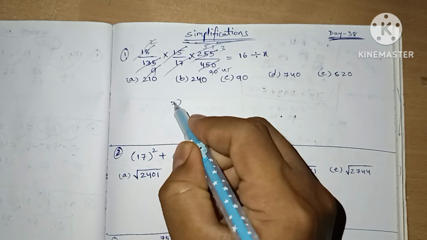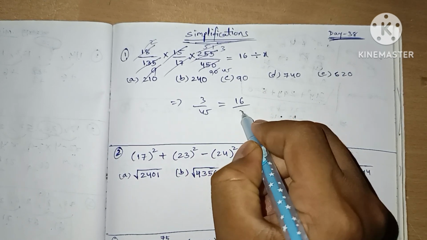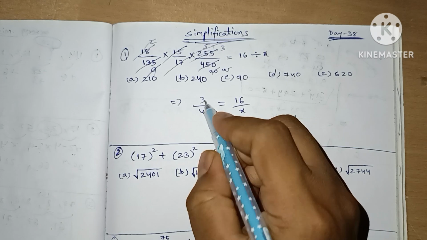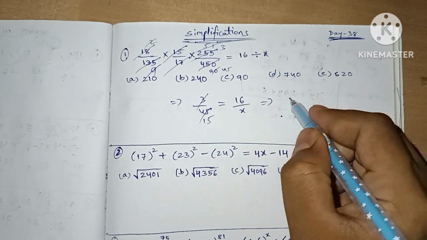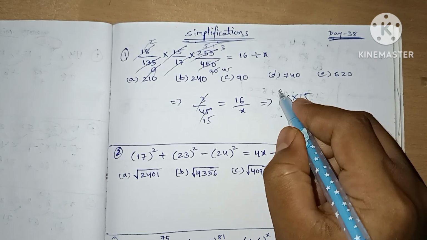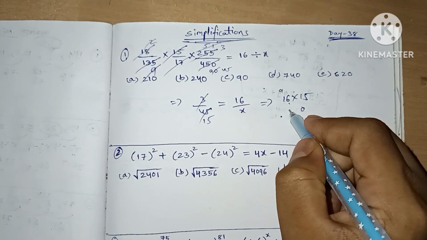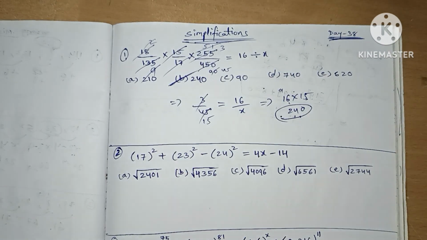So what we left is 3 by 45 equals to 16 divided by x. So 3 15 times. So totally we have 15 16 times. 15 6 times will be 90 and 15 1 times will be 240. So answer will be 240. Option B is our answer.